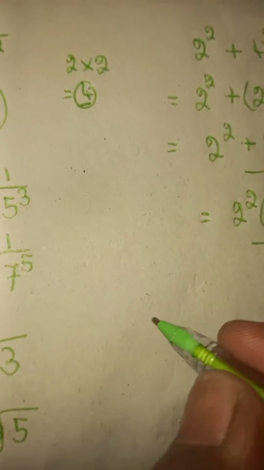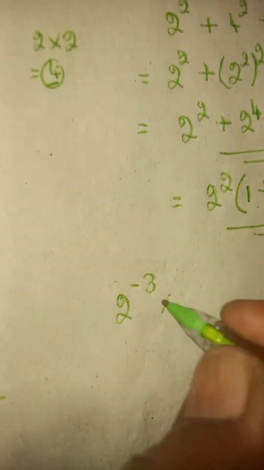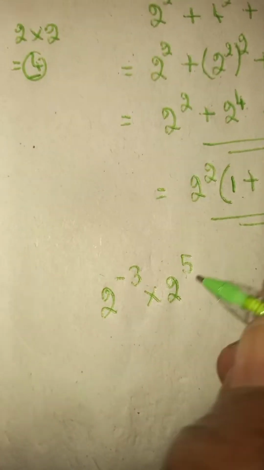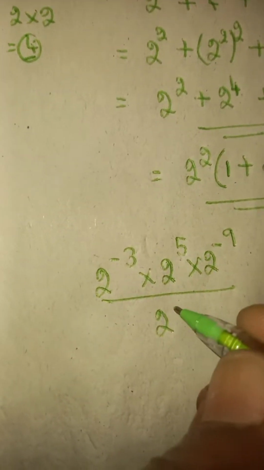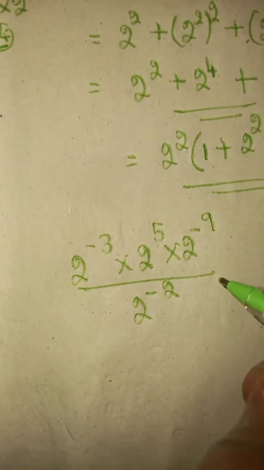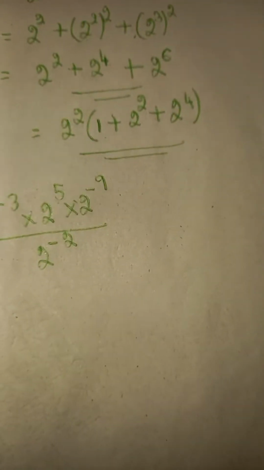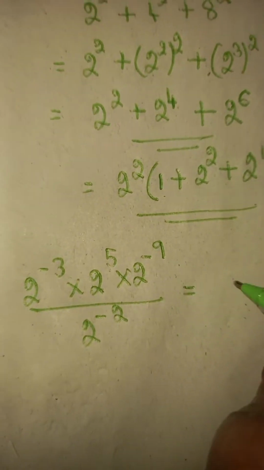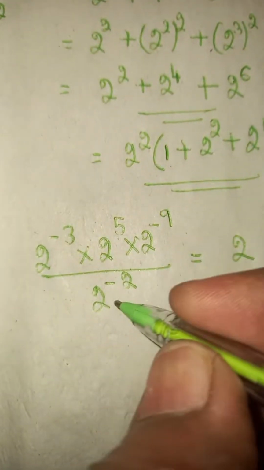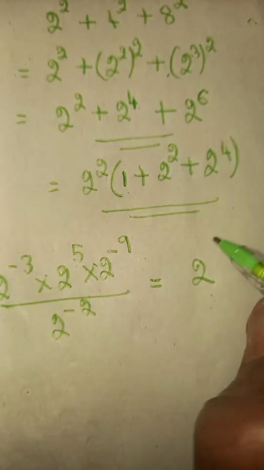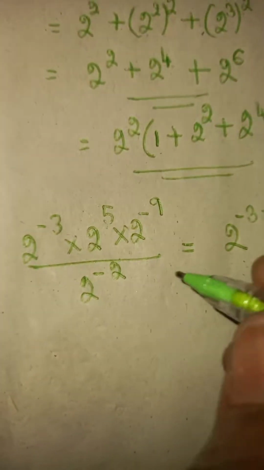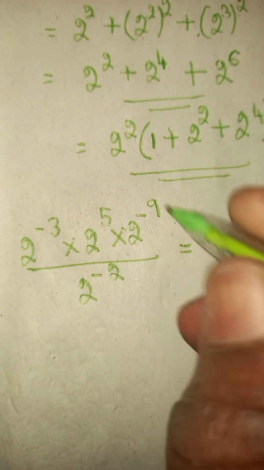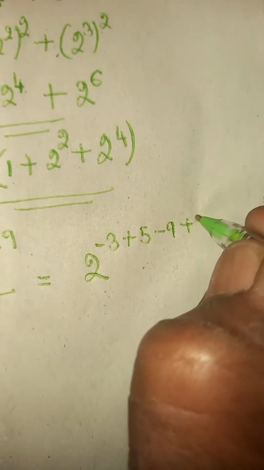Let's take more numbers of this one, that is 2 power of minus 3 times 2 power of 5 times 2 power of minus 9 divided by 2 power of minus 2. Now you need to simplify that. To simplify that, you're going to get 2 as the base of all of them. Add up the powers in the numerator, that is minus 3 plus 5 minus 9, and this minus 2 power in the denominator comes up, it becomes plus 2.